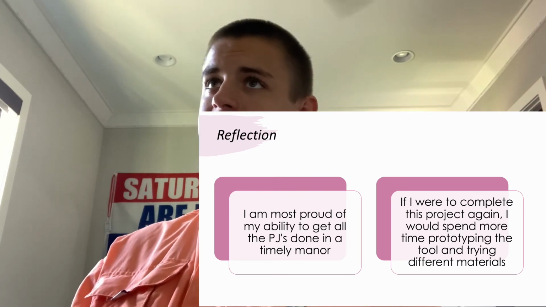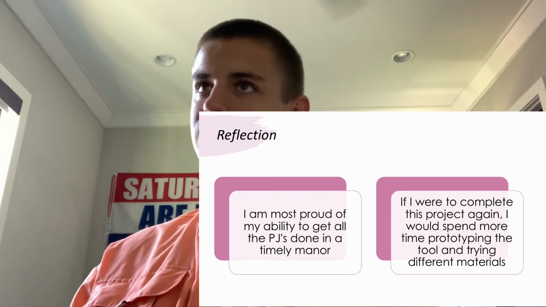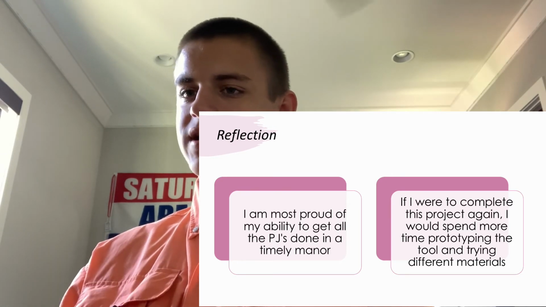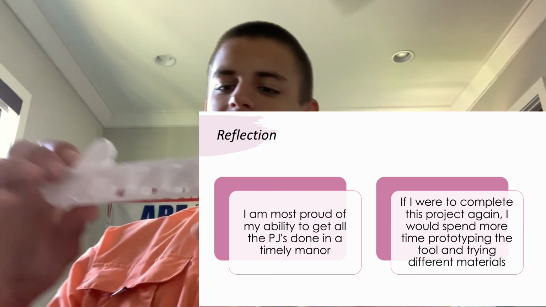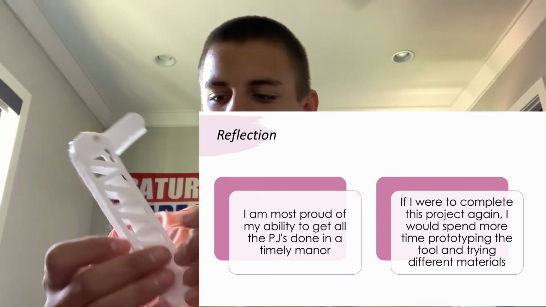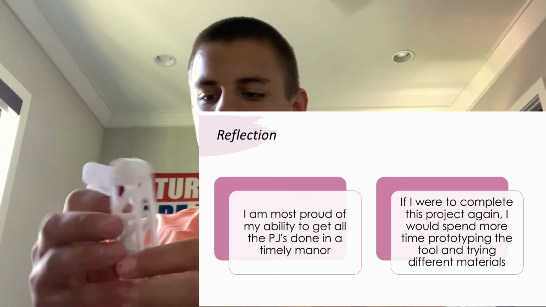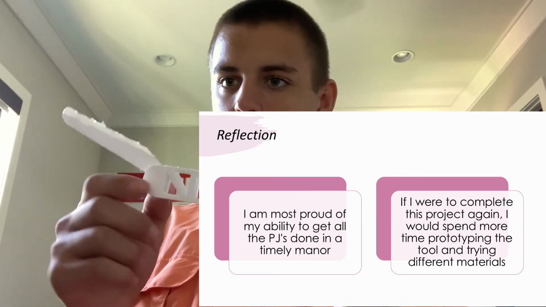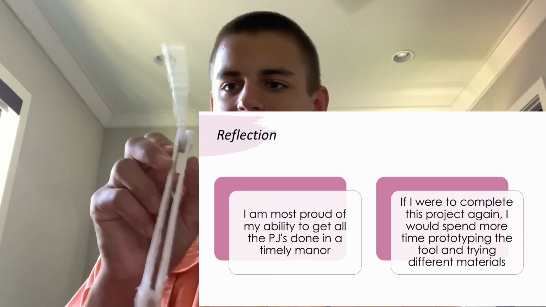If I were to complete this project again, I would definitely spend more time prototyping and trying different materials. This, which is pretty much my final design, and sorry for the noise by the way, is foam core, so it's flimsy. If I were to do it again, I would try something like, I don't remember what it's called, but there is a compacted wood material that you can cut and score.